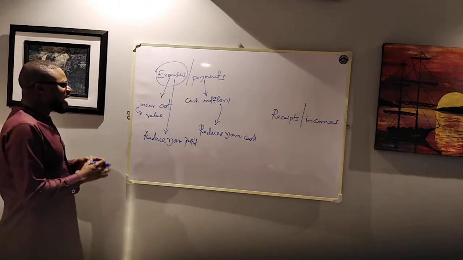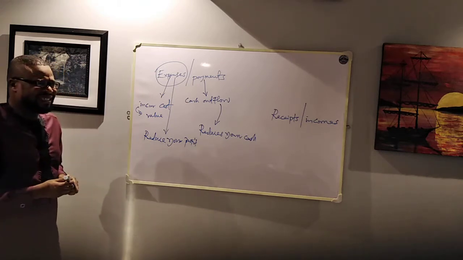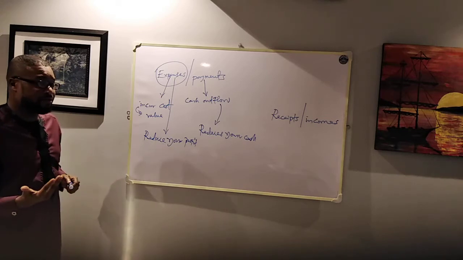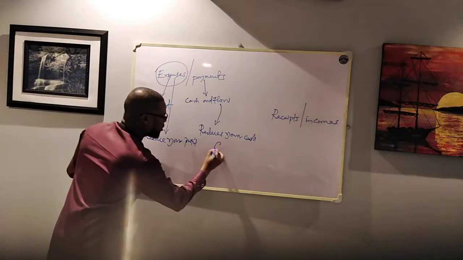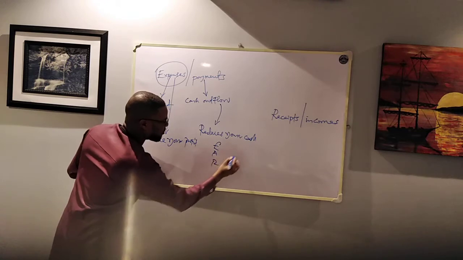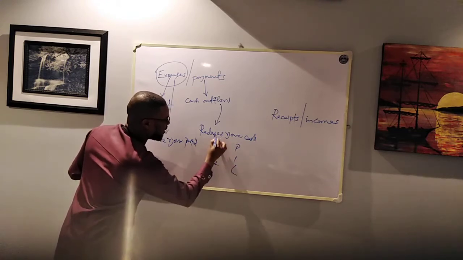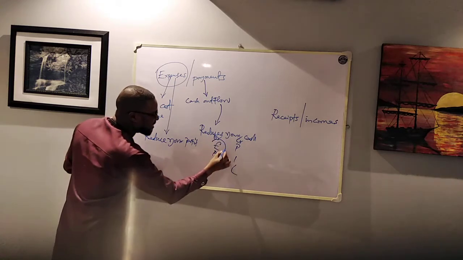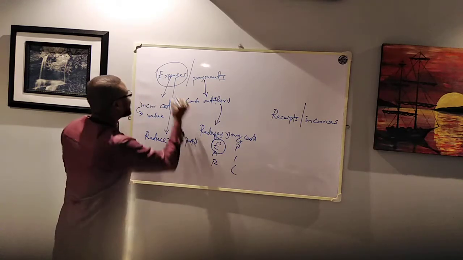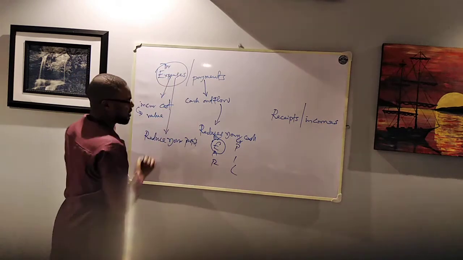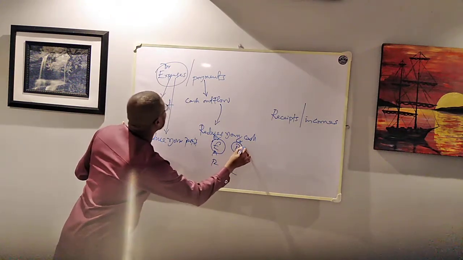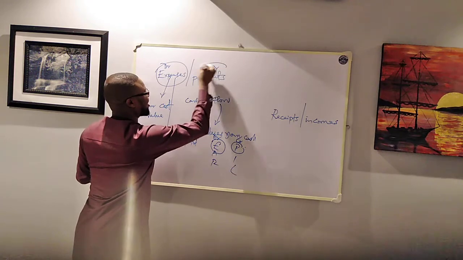And let us see how we can test this theory using our little secret here, the PILL model. Don't forget PILL, you have debit and credit. Now this model says expenses must always be debited, and payments must always be credited.